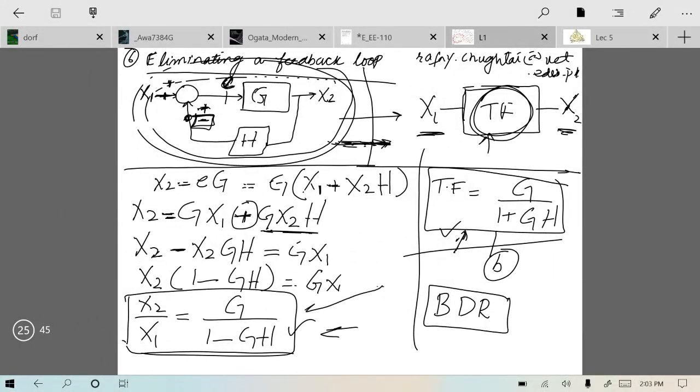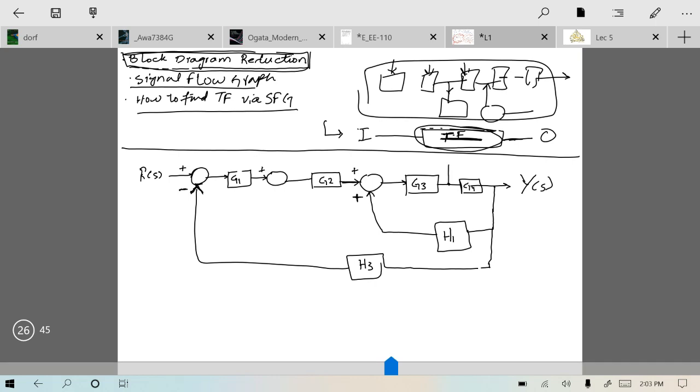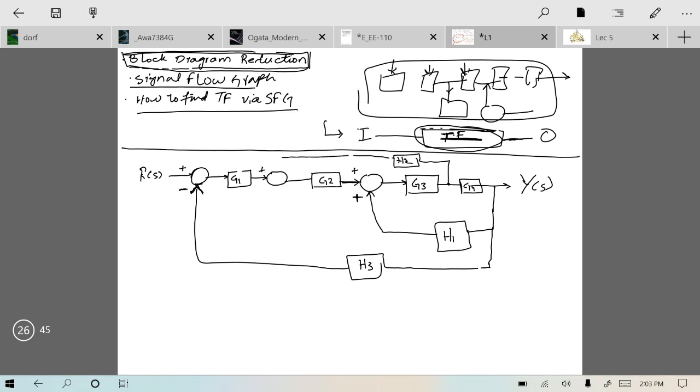This was the transfer function for positive feedback, a minus over here, and this was the transfer function for a negative feedback with plus over here. So this is the block diagram. I missed one loop. There is another pickoff point from here and H2, and it moves all the way down here.